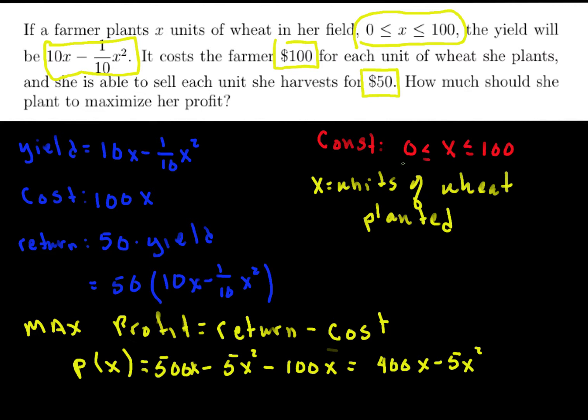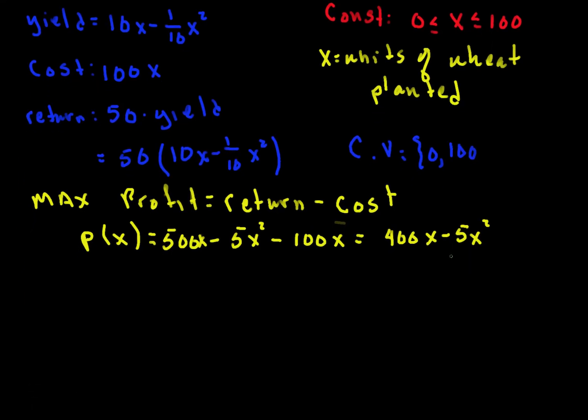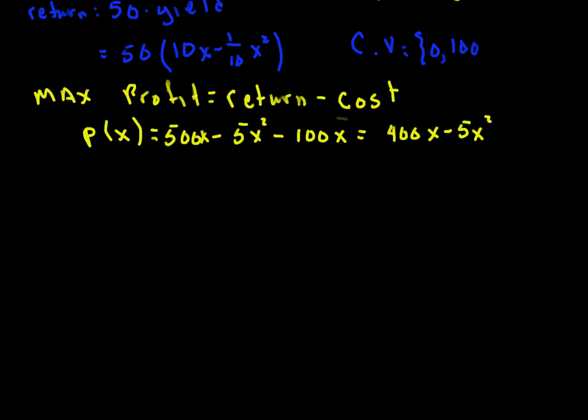The only constraint we have is our boundary, which means we have critical values at the boundary points. So critical values will be 0 and 100. And we can see, if she doesn't plant any wheat, she's not going to make any money, so that would be a minimum. So we need to find some interior critical points, which is when the derivative is 0.